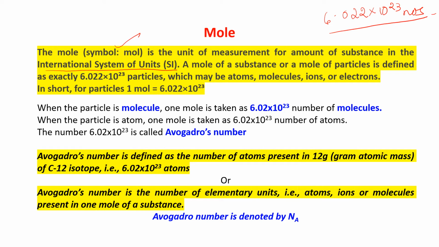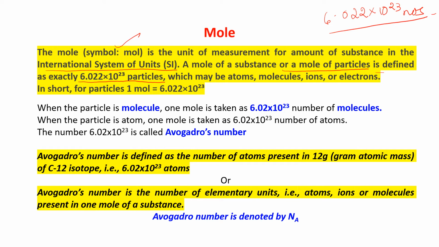A mole of a substance or a mole of particles is defined as exactly 6.022 into 10 to the power 23 particles, which may be atoms, molecules, ions or electrons.